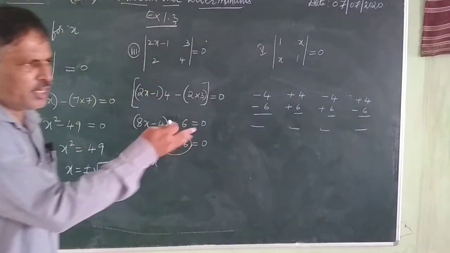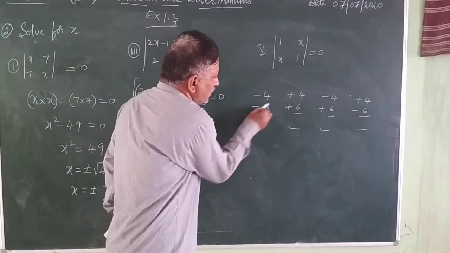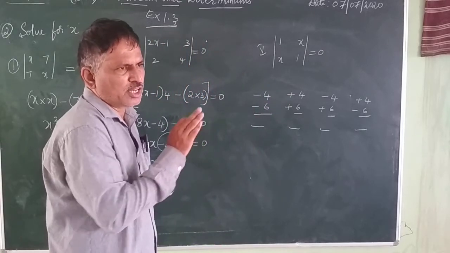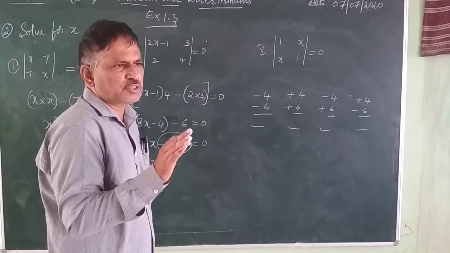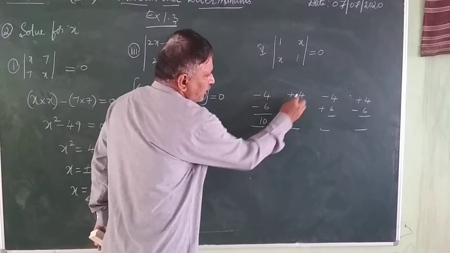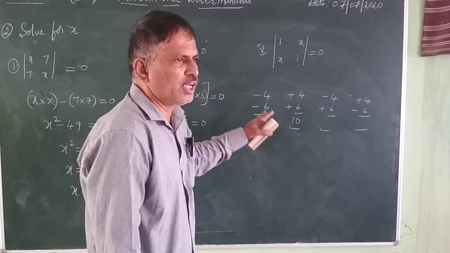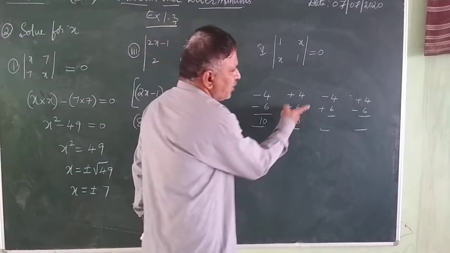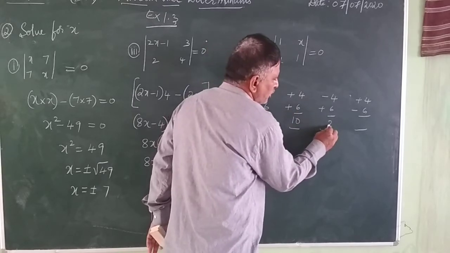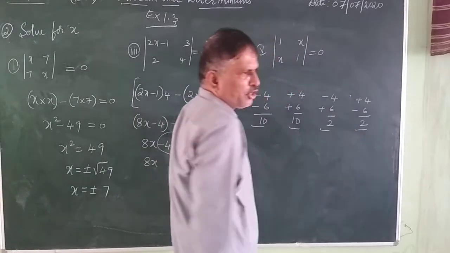Whenever we have the same sign, if both the terms have the same sign, you just add 4 plus 6, 10. Here also you add. Whenever we have a different sign, one positive and one negative, you subtract, and you get 2. Here also you subtract, you get 2.